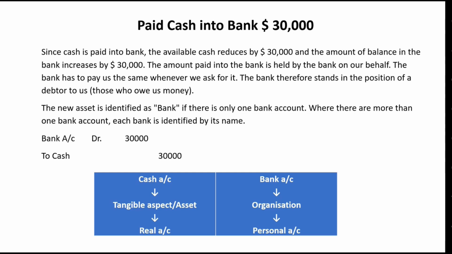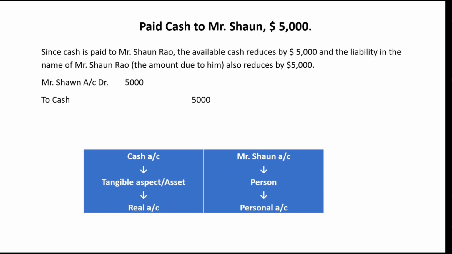So who is receiving this money? The bank is receiving this money. So bank balance has increased. Whenever we say the asset's value is increased, it will be debited. So bank account debit to cash. Cash is real, so credit what goes out. Right. So this is the depositing of money into bank, $30,000.